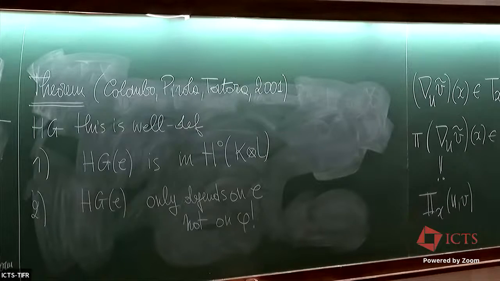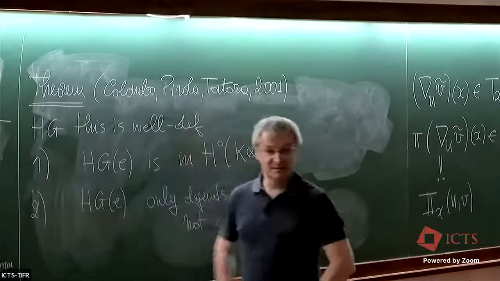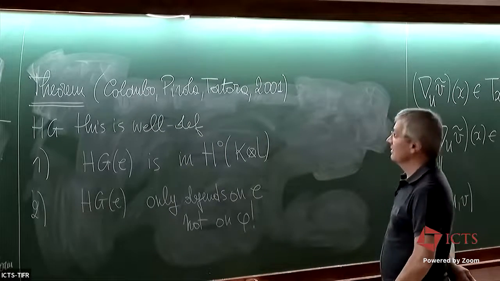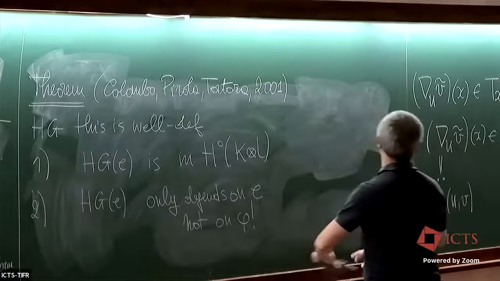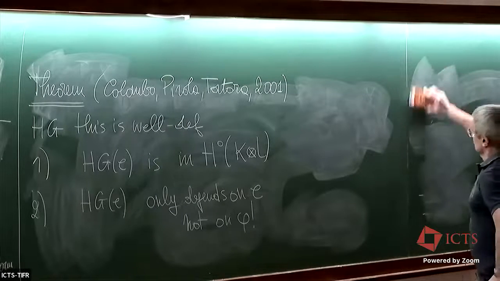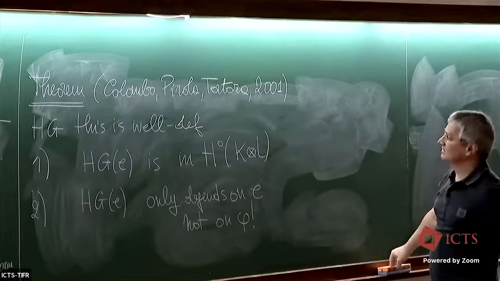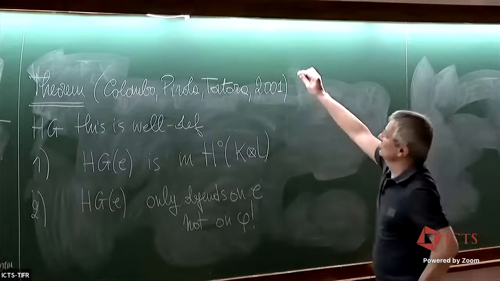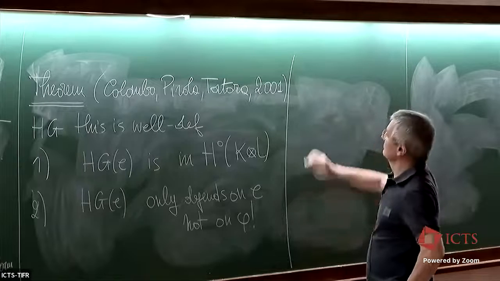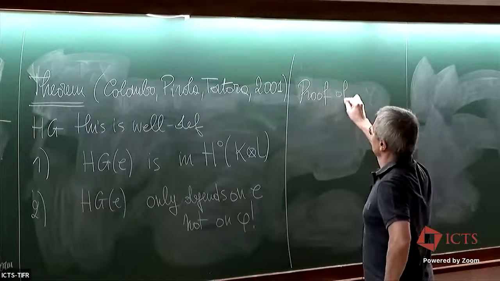While here, in fact, it is used and it is crucial to get something. Okay, so let's see at least one of the two verifications. Maybe since I'm already late, let's only see two. Proof of two.